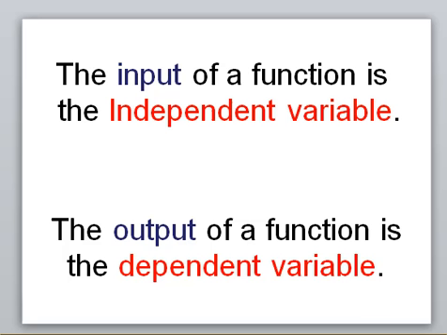Going into this next part, we're going to talk about what is the independent variable and the dependent variable. So you want to write down those definitions. The input of the function, x, is the independent variable. The output of a function is the dependent variable.